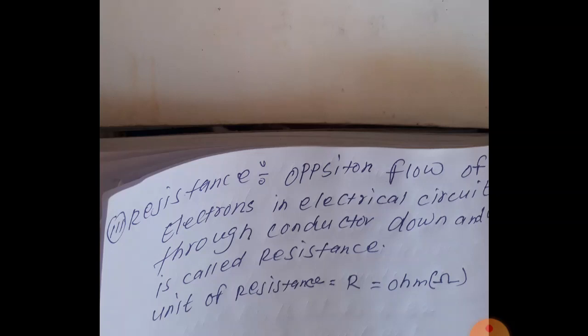So these are the three items. If you study electricity, you can find these three items. I will make one diagram for you: resistance, voltage and current.